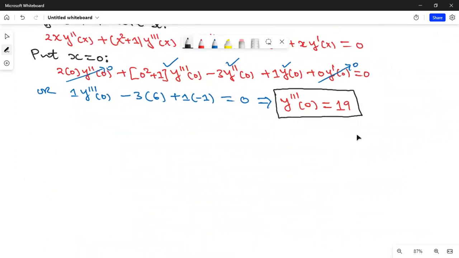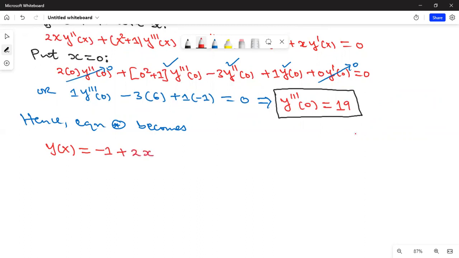Hence equation star becomes: y of x is equal to y naught, which was negative 1, y of 0 is negative 1, plus y prime of 0, which was 2, so plus 2 times x.